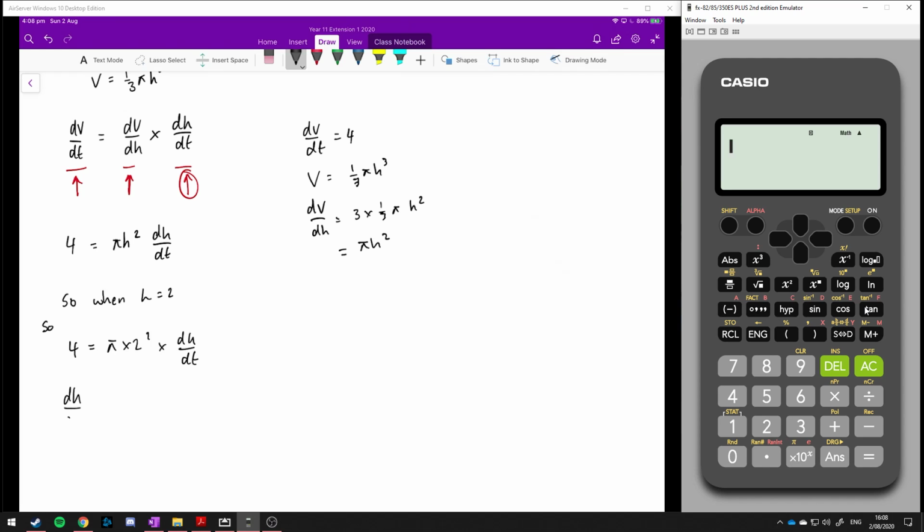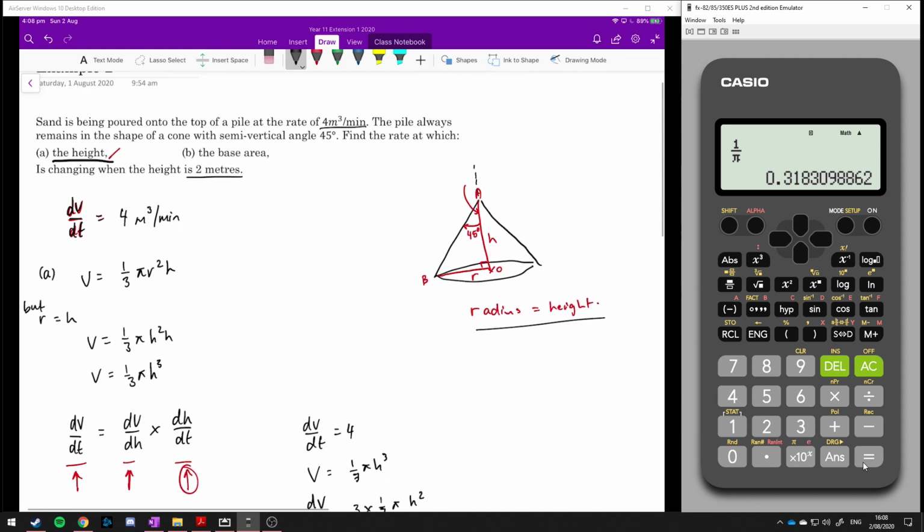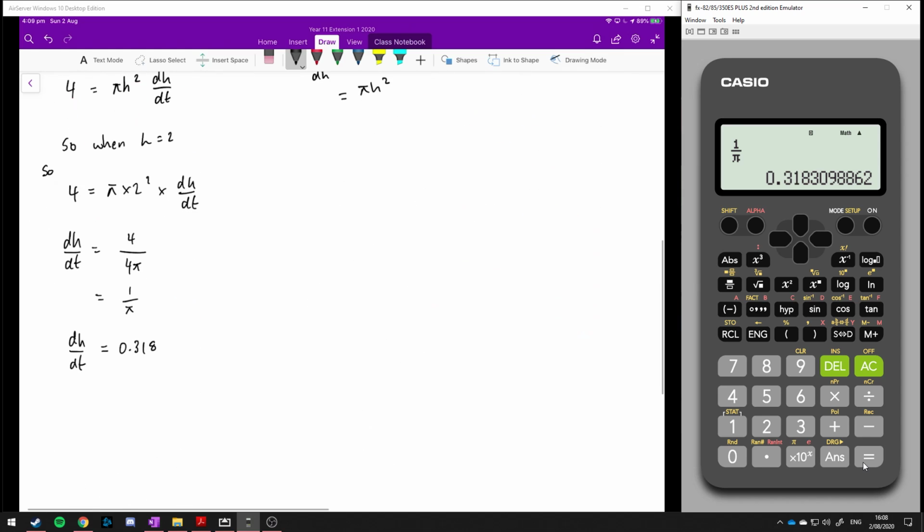So that means dh/dt is equal to 4 over 4 pi, which is the same as 1 over pi. So dh/dt is equal to 1 over pi, and we're going to plug this into our calculator and go to 3 decimal places, so 0.318. And that is in meters per minute.